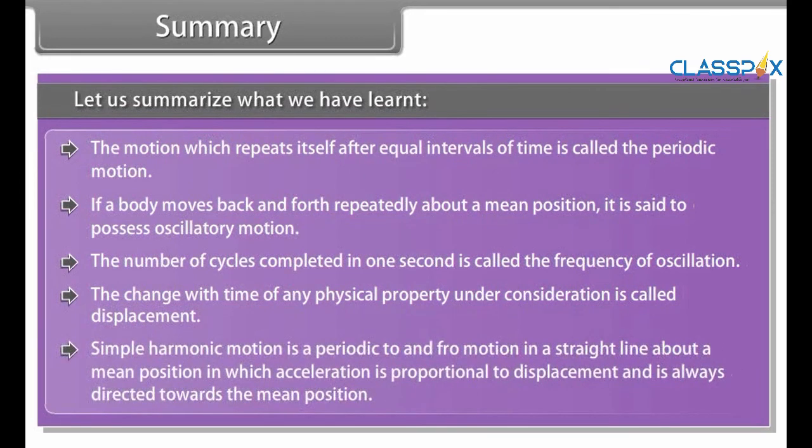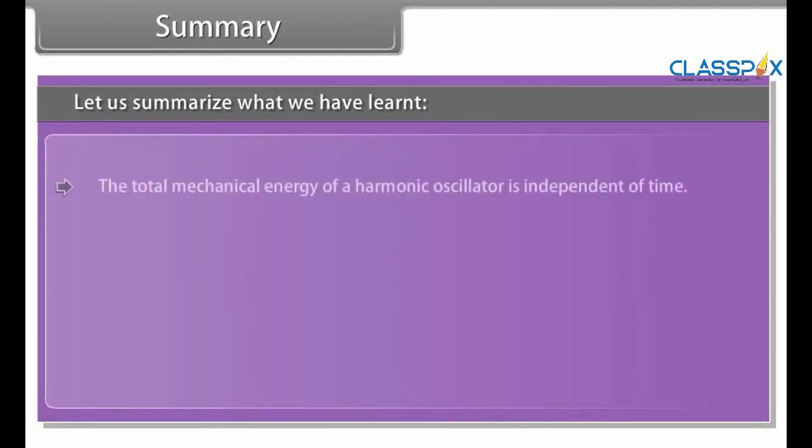Simple harmonic motion is a periodic to-and-fro motion in a straight line about a mean position in which acceleration is proportional to displacement and is always directed towards the mean position. The total mechanical energy of a harmonic oscillator is independent of time.